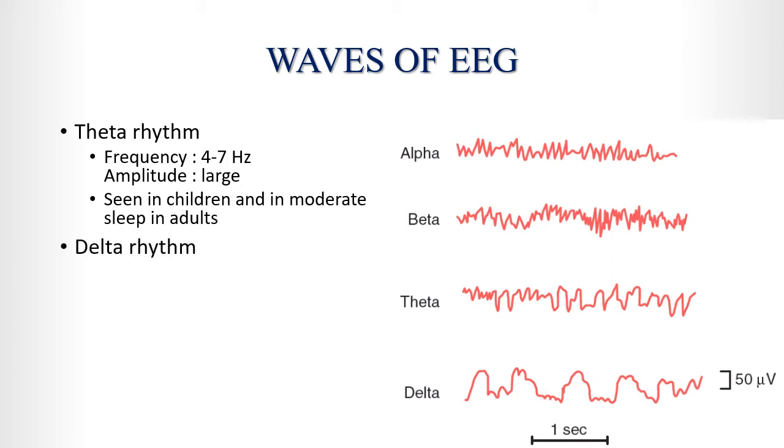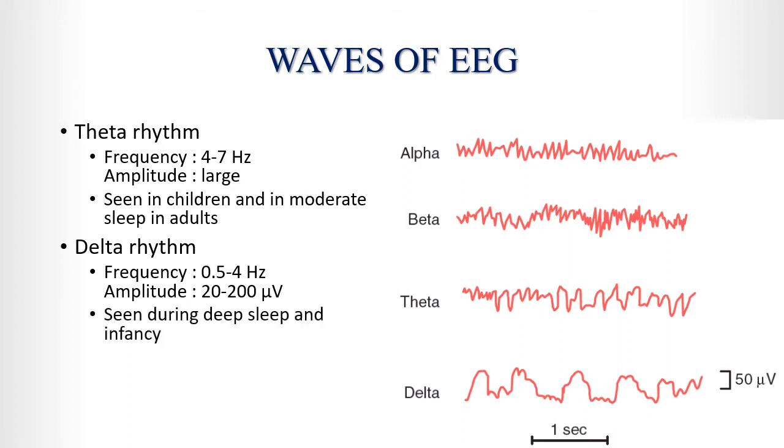Now the fourth and last one is delta rhythm. As you can see, frequency is very low, lower than theta rhythm, only 0.5 to 4 Hz, and amplitude is very large, 20 to 200 microvolt. It is seen mainly during deep sleep and in infancy.